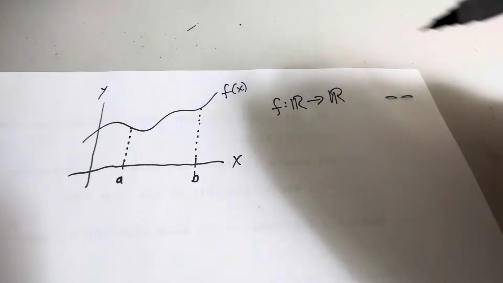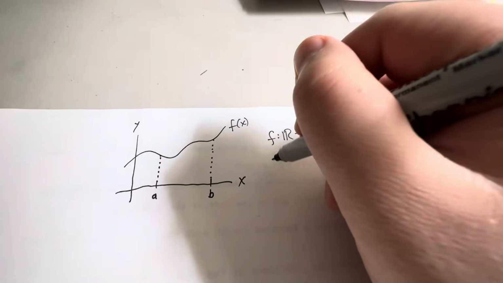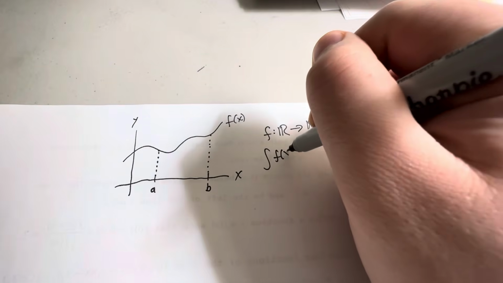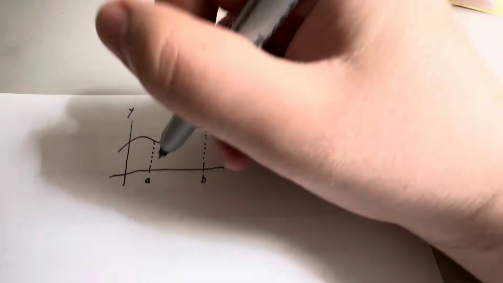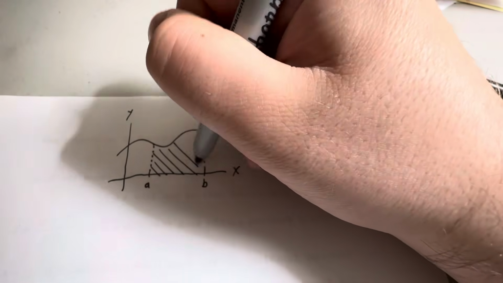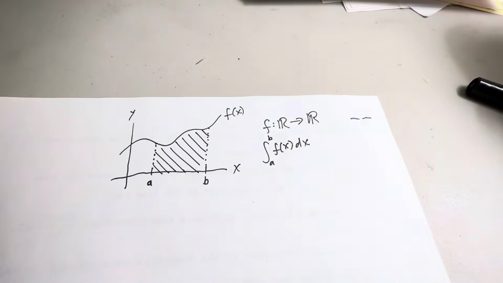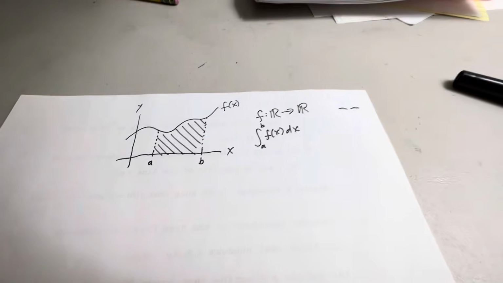And if you're familiar with calculus, you'll know that if we integrate f(x) dx from a to b, we get the area under the curve. The area of the shaded region.